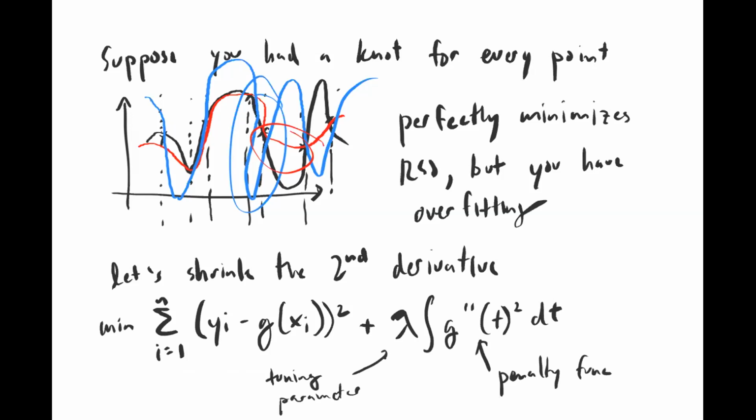Okay, so the larger the second derivative of our cubic spline is, the larger the penalty is.